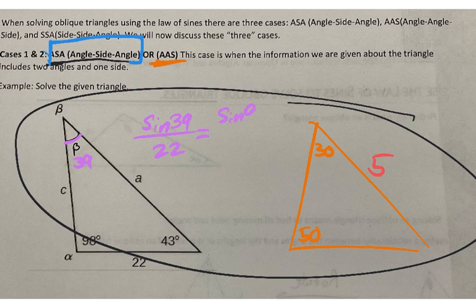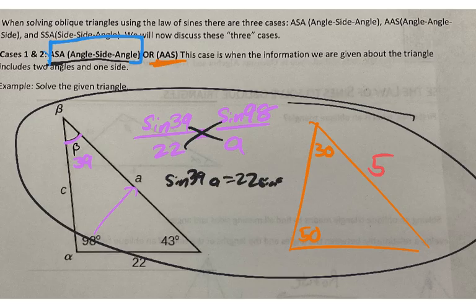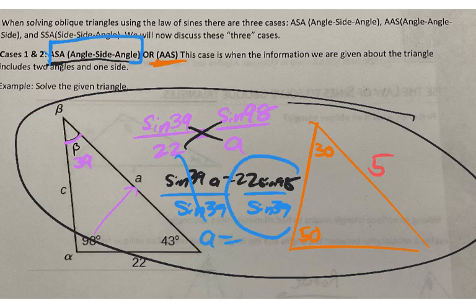Let's just go ahead and do sine of 98 over the side opposite 98. Do you see how we could solve this to find side A? Cross multiply. So sine of 39 times A equals 22 times sine of 98. Then I divide by sine of 39. So A equals this, and we just type that in.